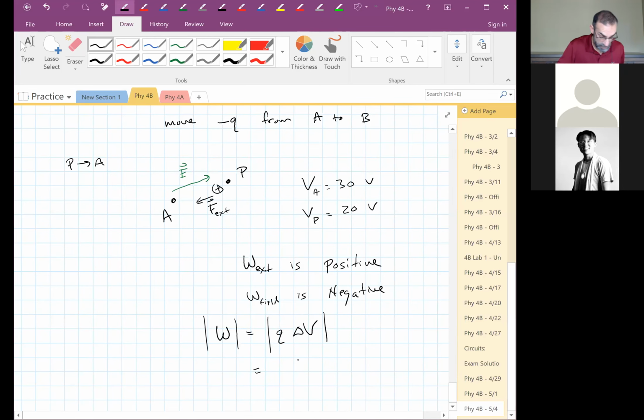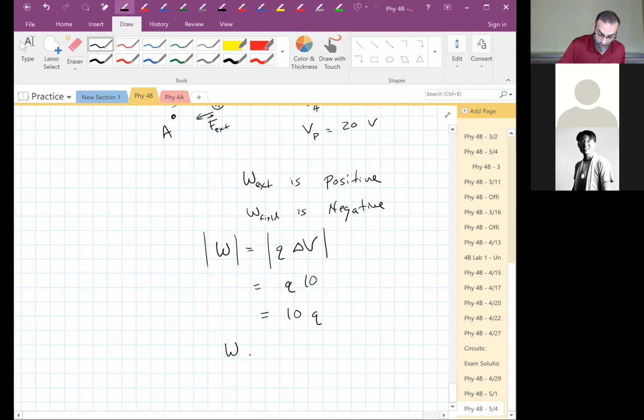So this is just going to be 10Q times 10 volts, 10Q. If it's the work done by the external force, it's positive 10Q. And if it's the work done by the field, it's negative 10Q.